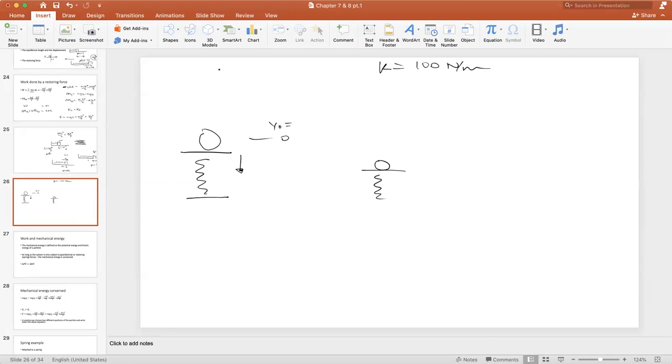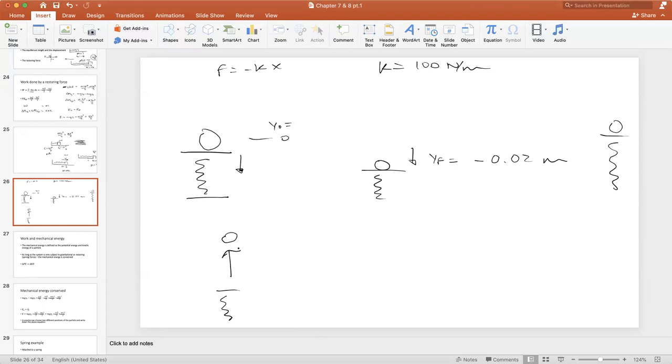I should have stated that if F is negative kx, you know that k is F over x, so it has to be newtons per meter. But we compress this thing, so y final is negative, let's say it's 2 centimeters. And then we let it go. And finally, it's somewhere way above the spring.